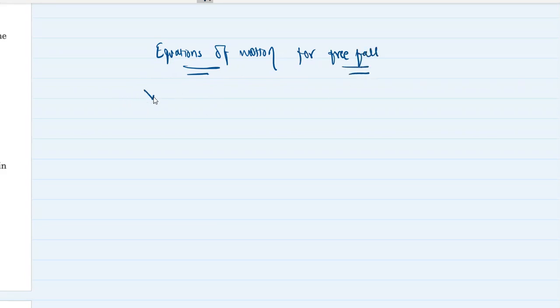So the first equation is v = u + at. That gets converted into, if it is a free fall, initial velocity will be 0 and acceleration will be g, so it will become v = gt for free fall.